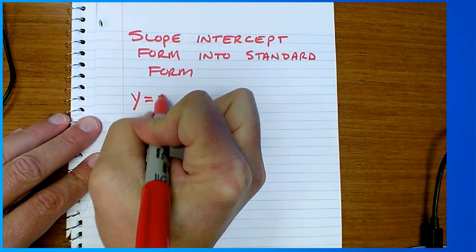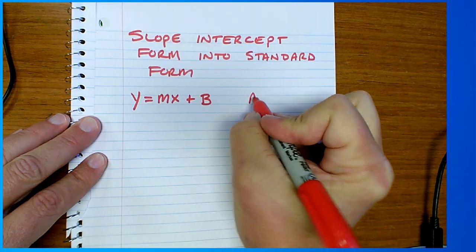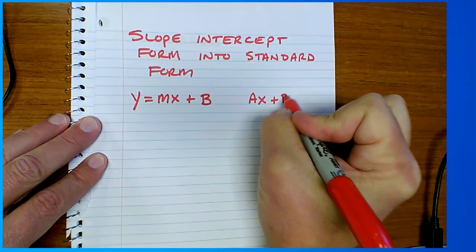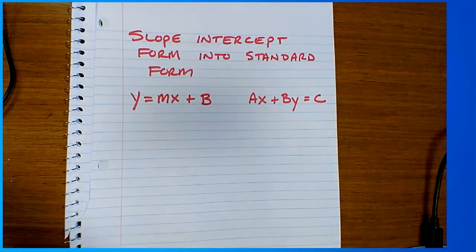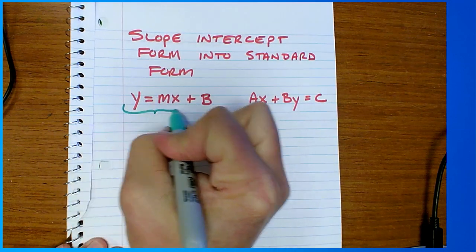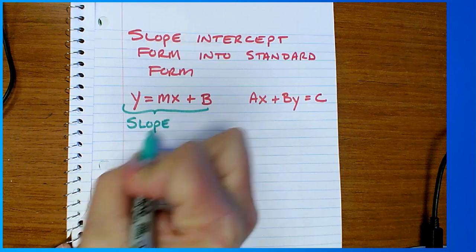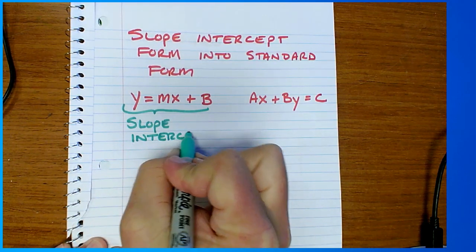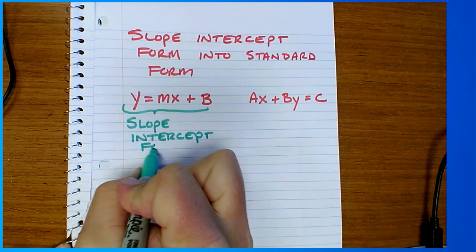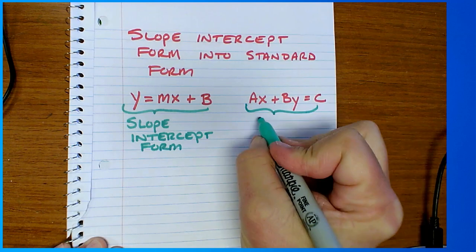Y equals mx plus b, ax plus by equals c. This first one is called slope-intercept form. This second one is called standard form.